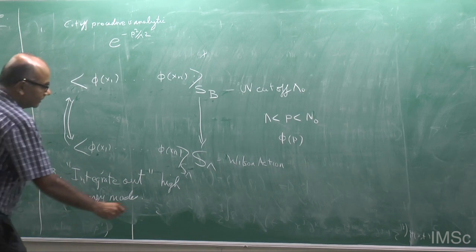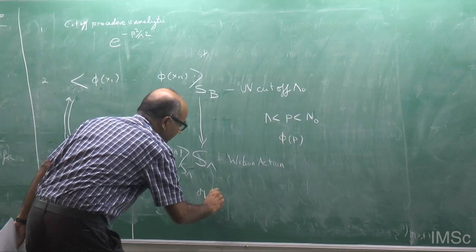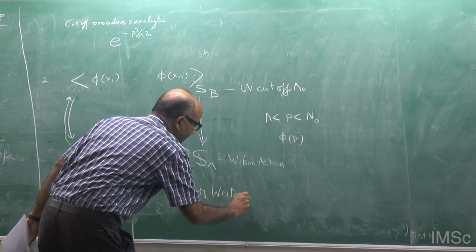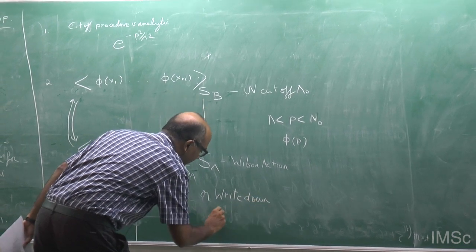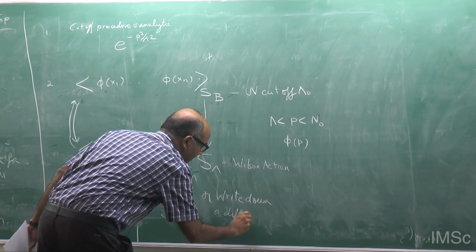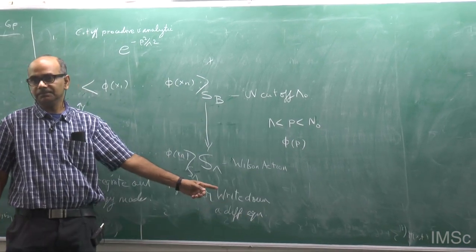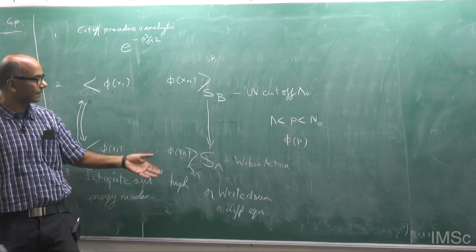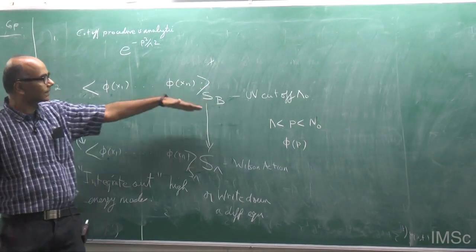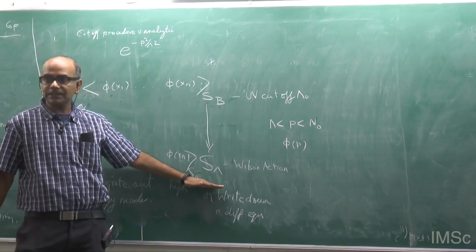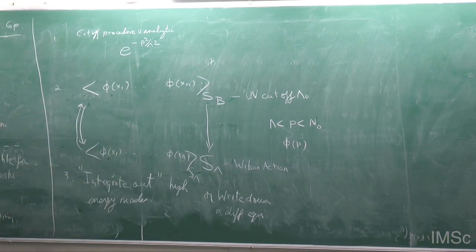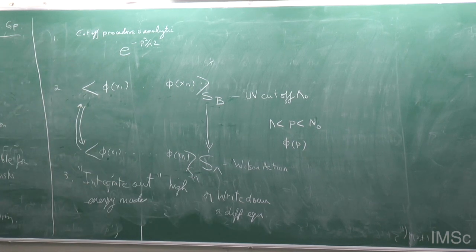The other way is to write down a differential equation that implements this. Instead of doing this integration, you write down a differential equation that takes you from this action to this action, or this correlation to this correlation, and that's what the renormalization group equation is.